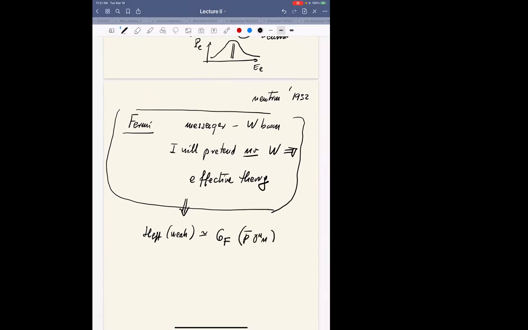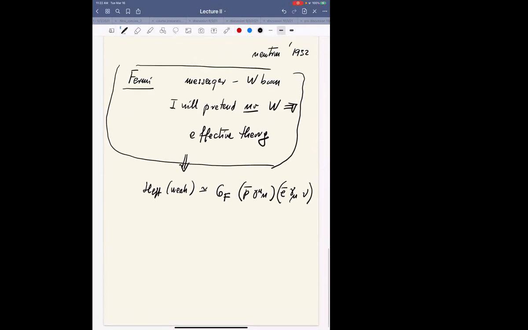neutron entered, proton came out, electron goes out, anti-neutrino goes out, which is the same as a neutrino entering.